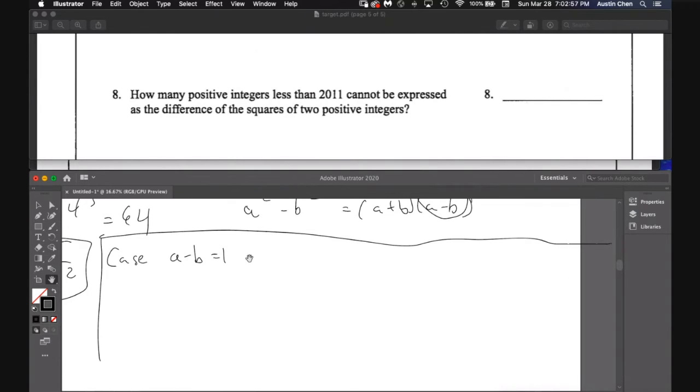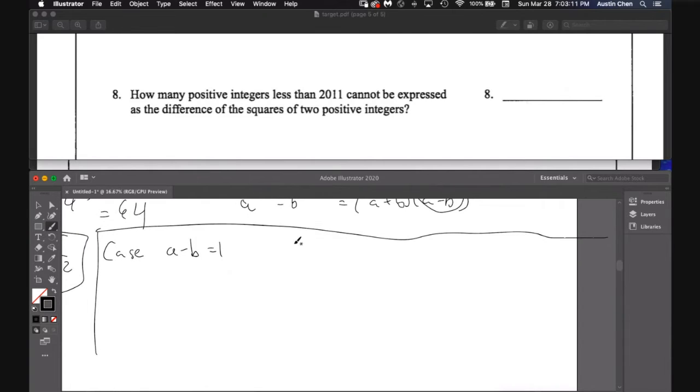So a minus b equals 1. Now a and b have to be positive integers, but other than that, they can be anything. So let's start with the lowest case that we can have. Let's have a row of a's here, and a row of b's here. Again, a has to be larger than b, so our smallest case will be a equal to 2, b equal to 1.